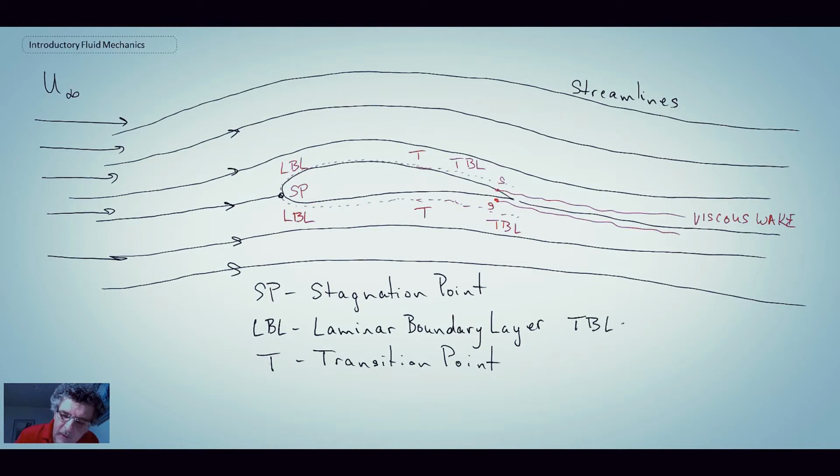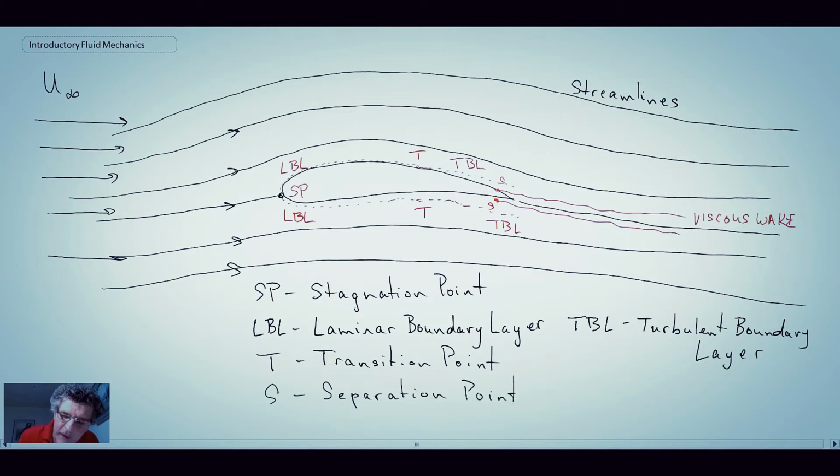TBL refers to the turbulent boundary layer. And then finally, what we have in the very back side of the airfoil is S, and that would be the separation point, where the flow could separate from the airfoil, and then you have a viscous wake region behind. But nonetheless, the boundary layer itself would also give you a viscous wake region downstream of the airfoil.